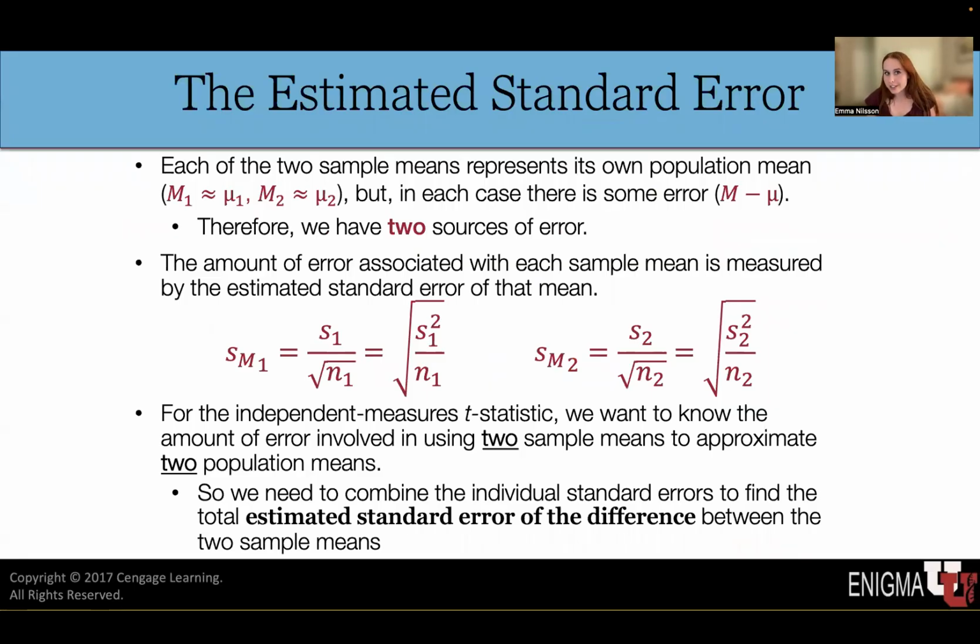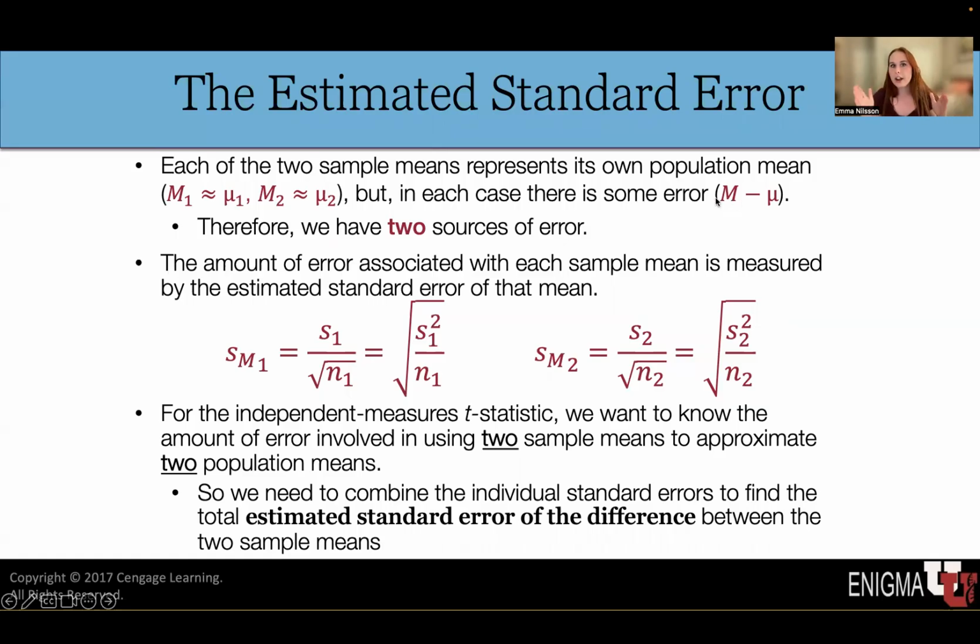And the important difference about the estimated standard error in an independent t-test is that for the first time ever, we have two sources of error, not just one. Because we're taking two sample means that each represent their own population mean, and each of those relationships has some error. The difference when we're using the mean of sample 1 to estimate the mean of population 1, that's some error.